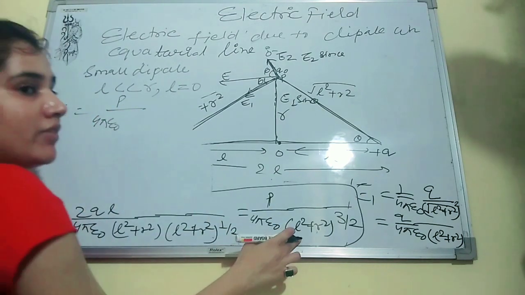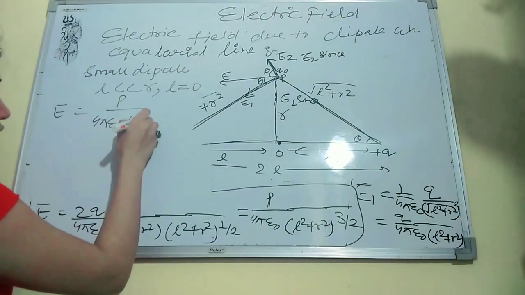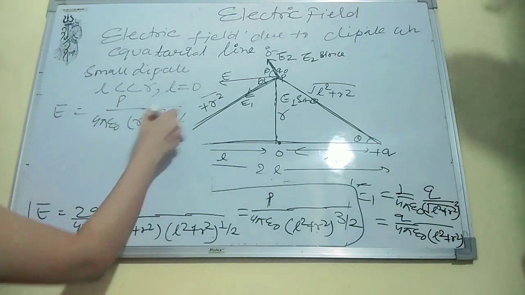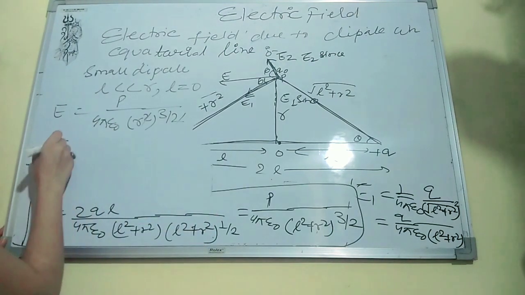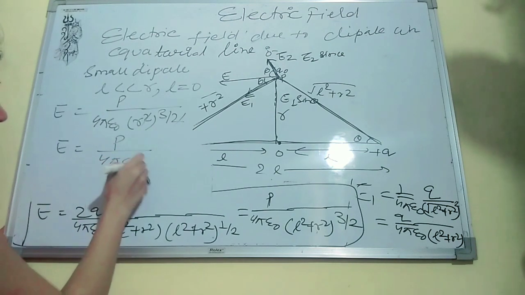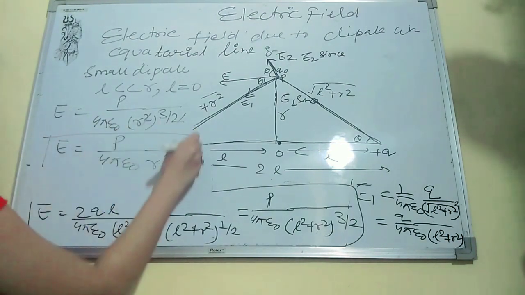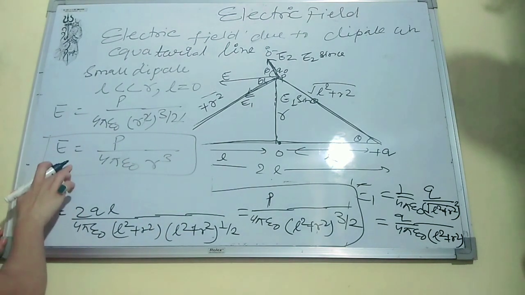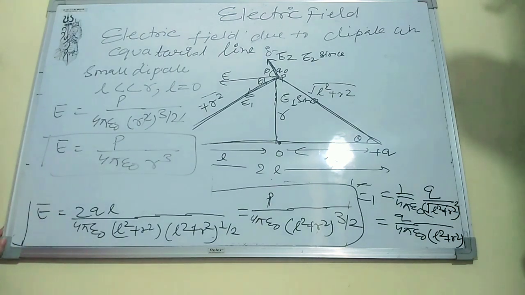In the place of L we will put 0, so we will get R square simply to the power 3 by 2. This 2 will be cancelled out by the property of exponents. So simply we will get E equal to P upon 4 pi epsilon naught R cube. This is the electric field because of the equatorial line due to dipole.